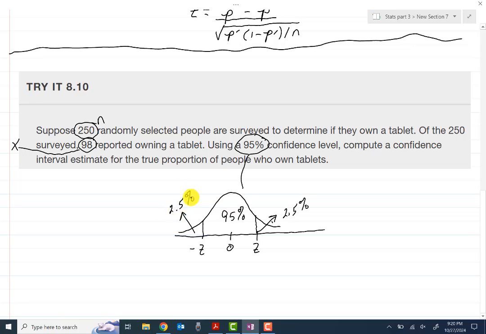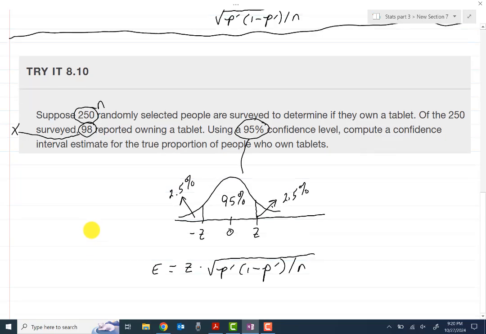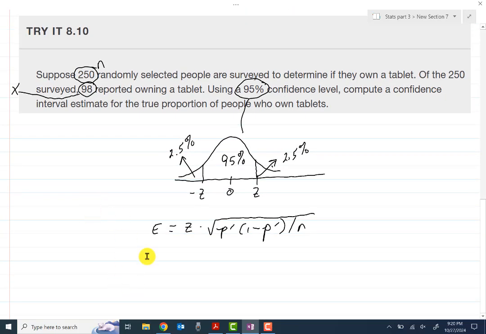What I really wanted, since we're looking at the error, take a look at the error. The z that we're going to find is the z that we're going to use in this formula.